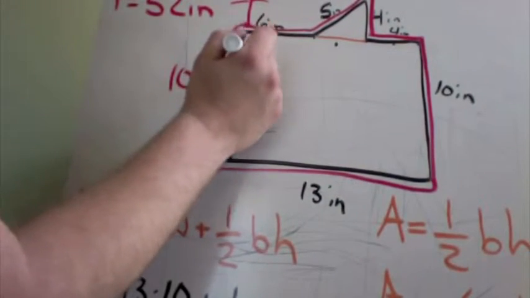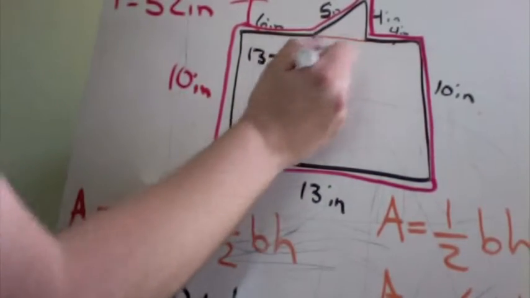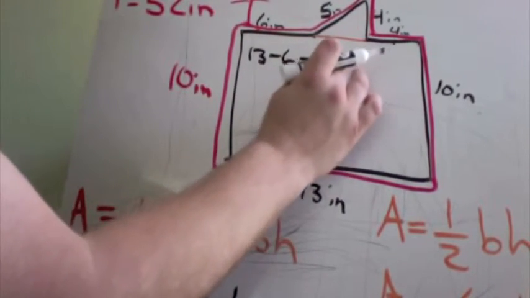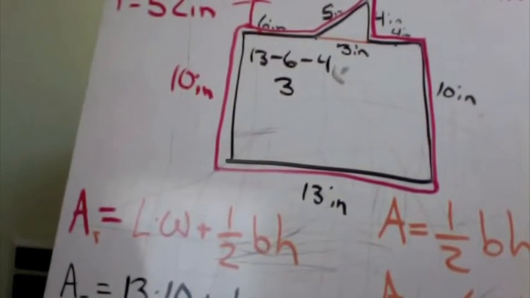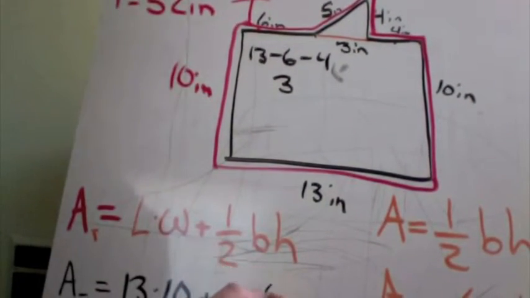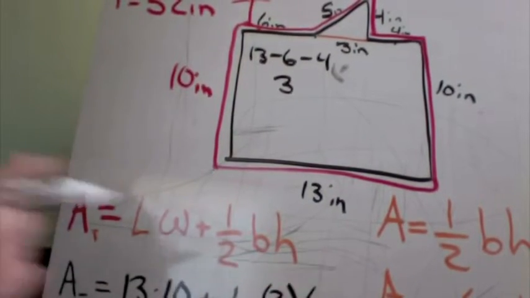So I simply go 13 minus 6 minus 4 is 3. So that distance is 3 inches. Okay? So I now know my base is 3 inches.